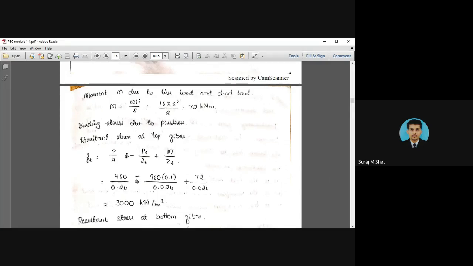After this, what is the resultant stress at the top of the fiber? You already know the formula to calculate resultant stress. Resultant stress is equal to P by A plus moment divided by ZT. So here, why are you taking PE divided by ZT? Because force is acting here.